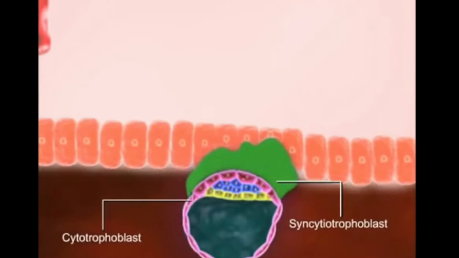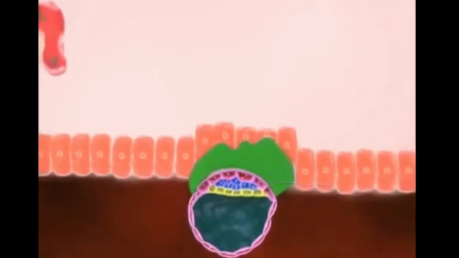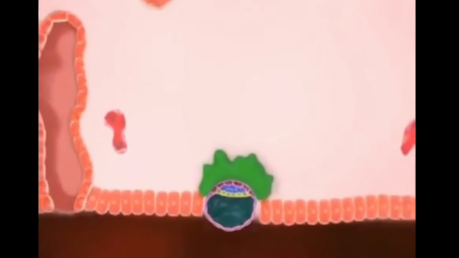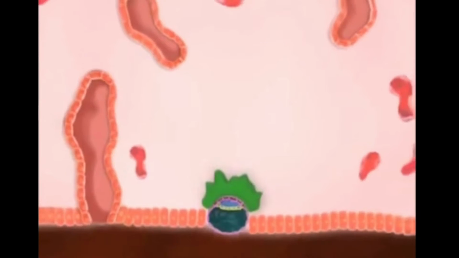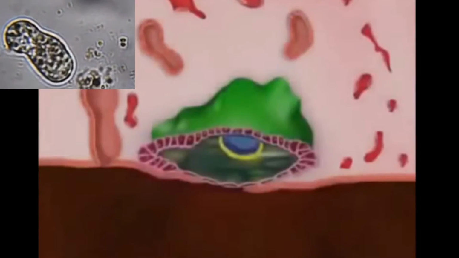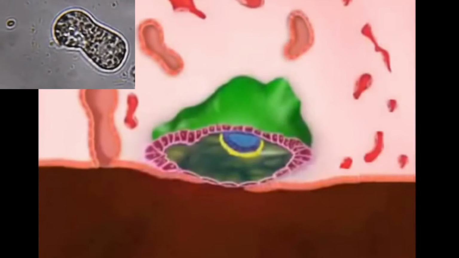which is eroding the mucous cells of the wall of the uterus. These are all the blood vessels and uterine glands of the uterine wall. The syncytiotrophoblast movement is amoeboid, just like an amoeba.